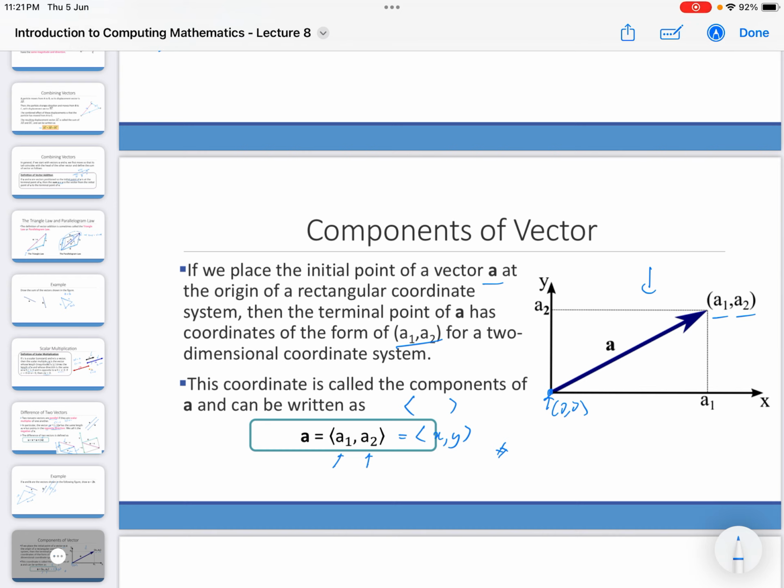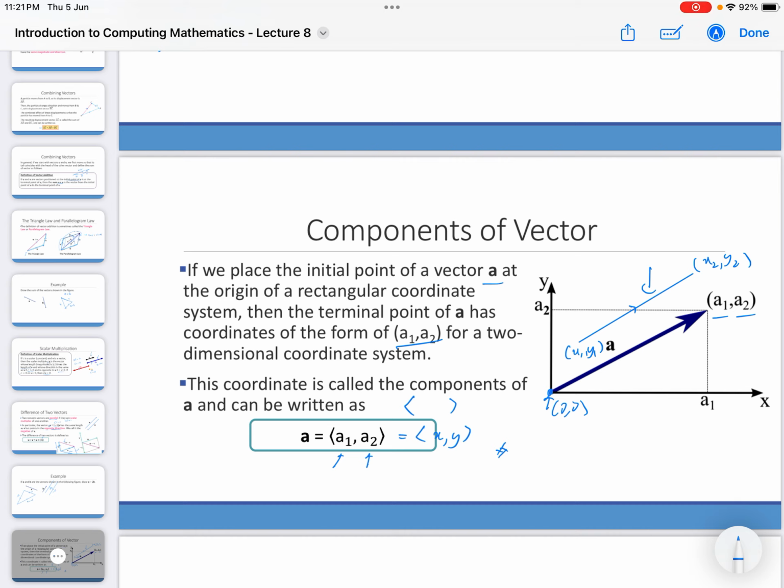Okay, and then let's say we have A, we move the initial point of A to the origin. So let's say we have a vector like this, where the initial point of this vector is at point x1, y1, and the final point of this vector is at point x2, y2.